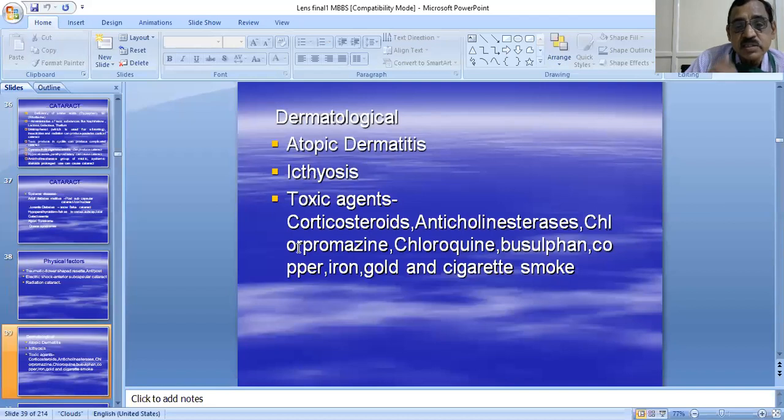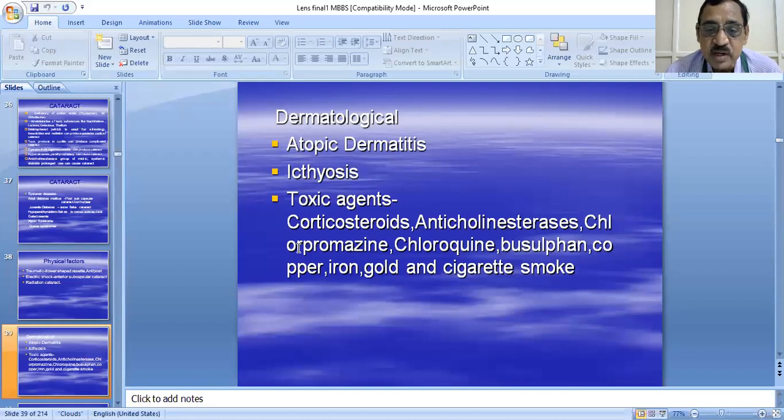And toxic agents such as corticosteroids, be it local or systemic administration, anticholinesterase drugs such as ecothiopate, all these things can give rise to cataract formation. Chlorpromazine is another toxic agent which can give rise to cataract.